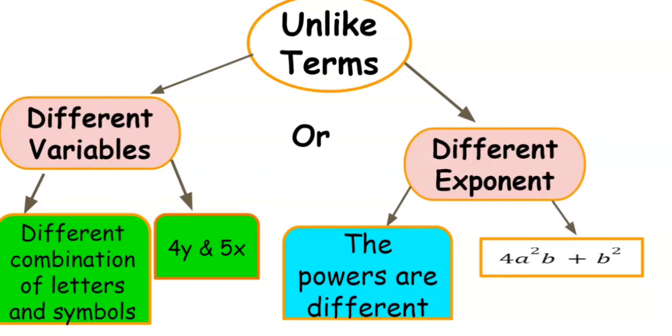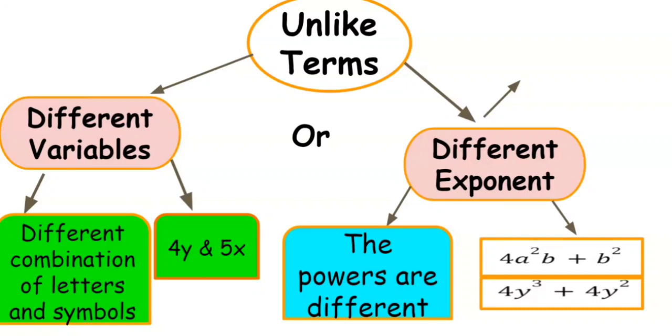The first term has two variables, while the second term only has one variable. So let's look at some more examples. 4y cubed plus 4y squared. In this one, of course, the variables are the same, but the exponents are different. They cannot be like terms.